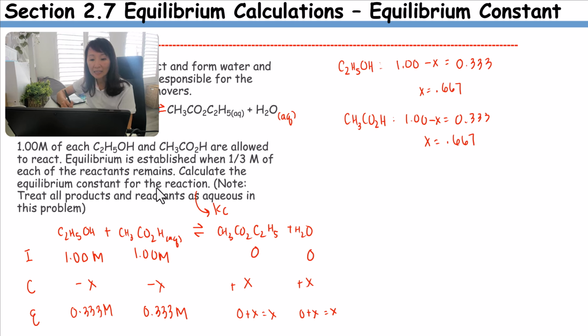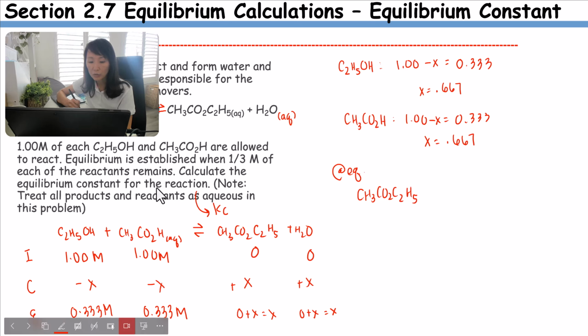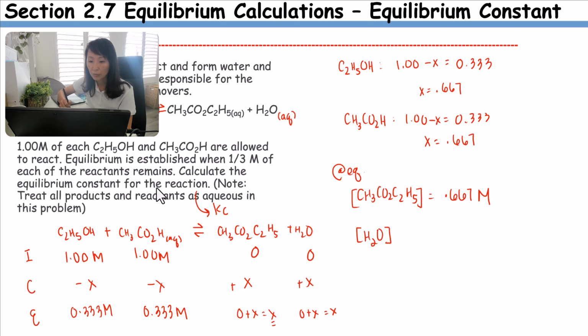So at equilibrium, what is the concentration of CH3CO2C2H5? Well, it shows you right here. It's just X by itself, which is at equilibrium. The concentration for this is 0.667 molarity. For water, also the concentration is 0.667 since it's just X.